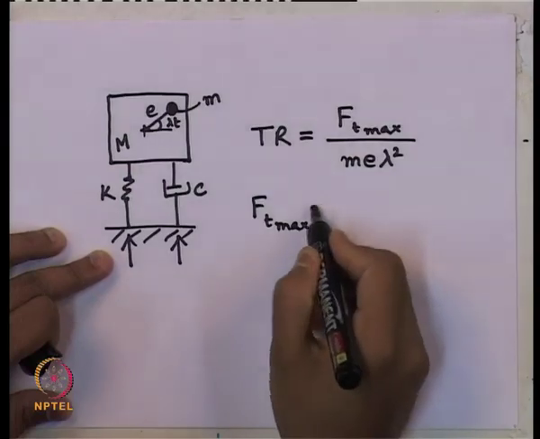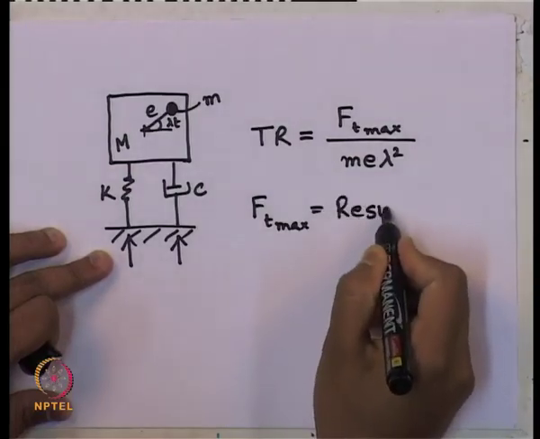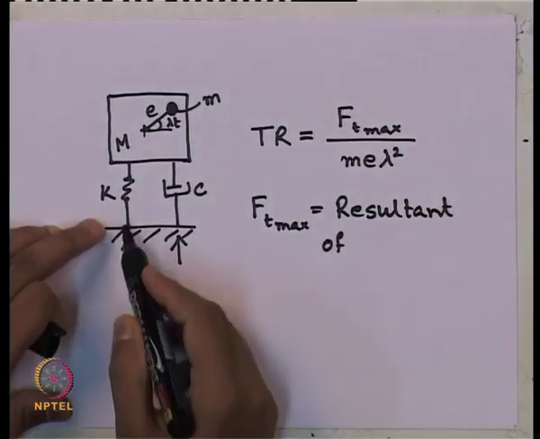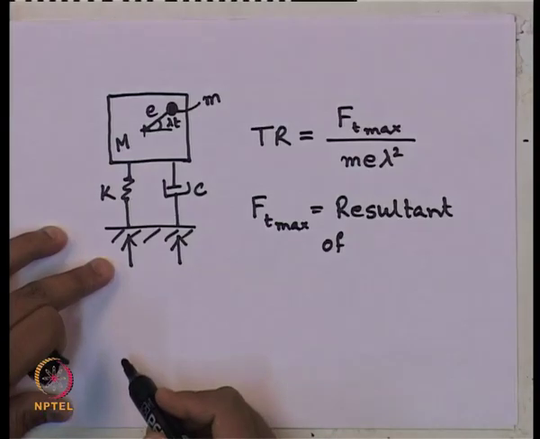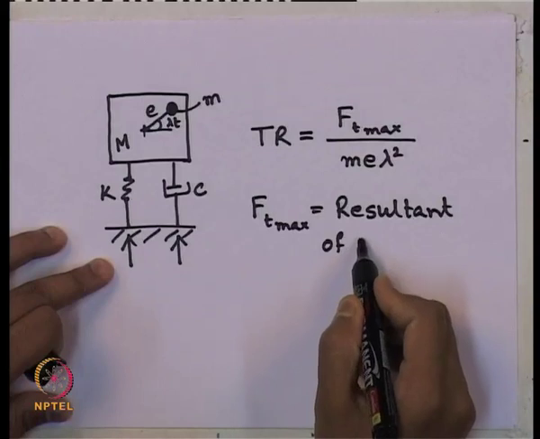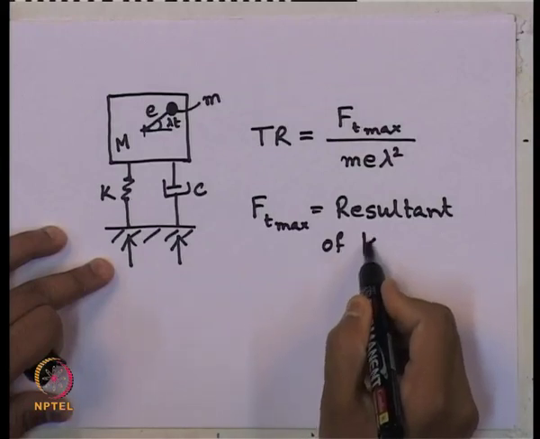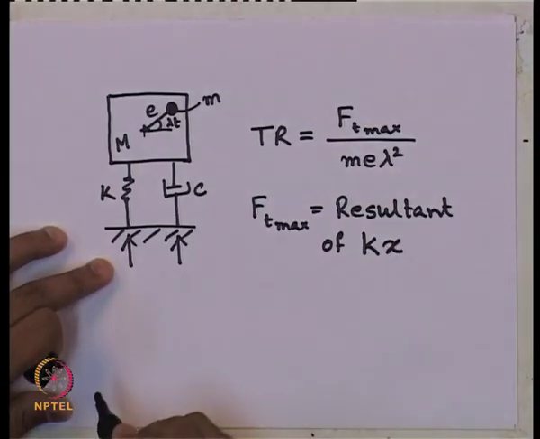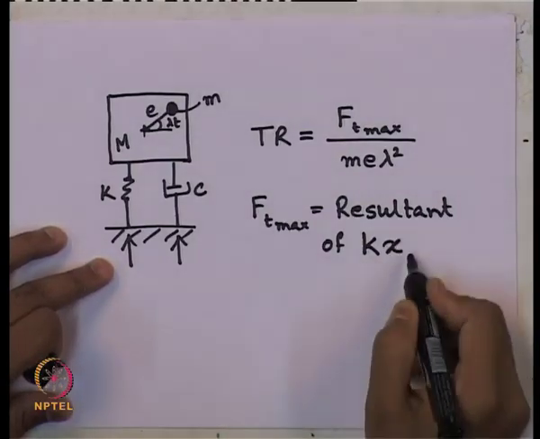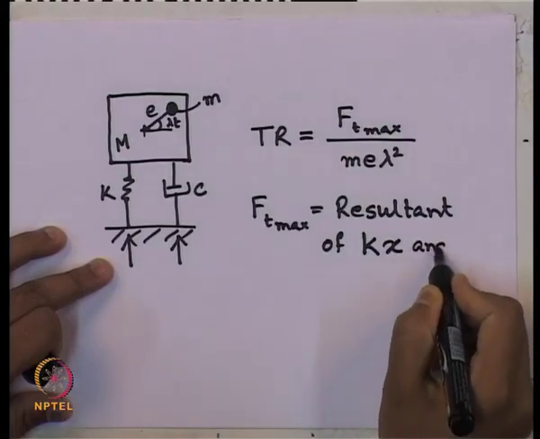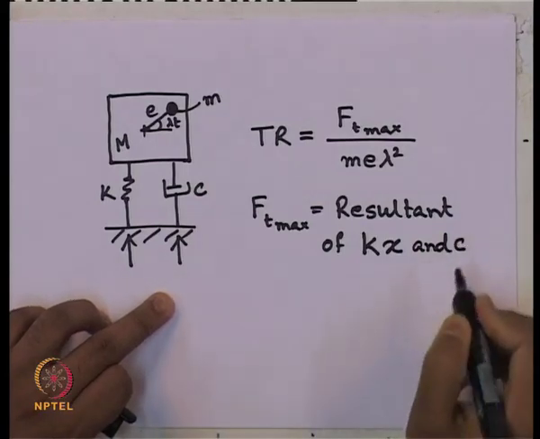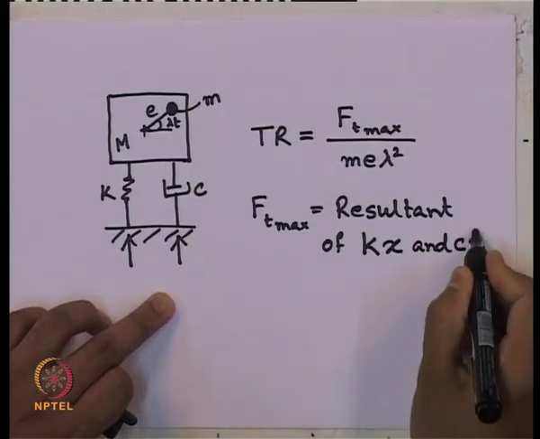That will be nothing but the resultant of how much force the spring is transmitting to the base of the system, that is k times x, if x is the displacement of the system, and how much force is transmitted by the damper, that is c times x dot.